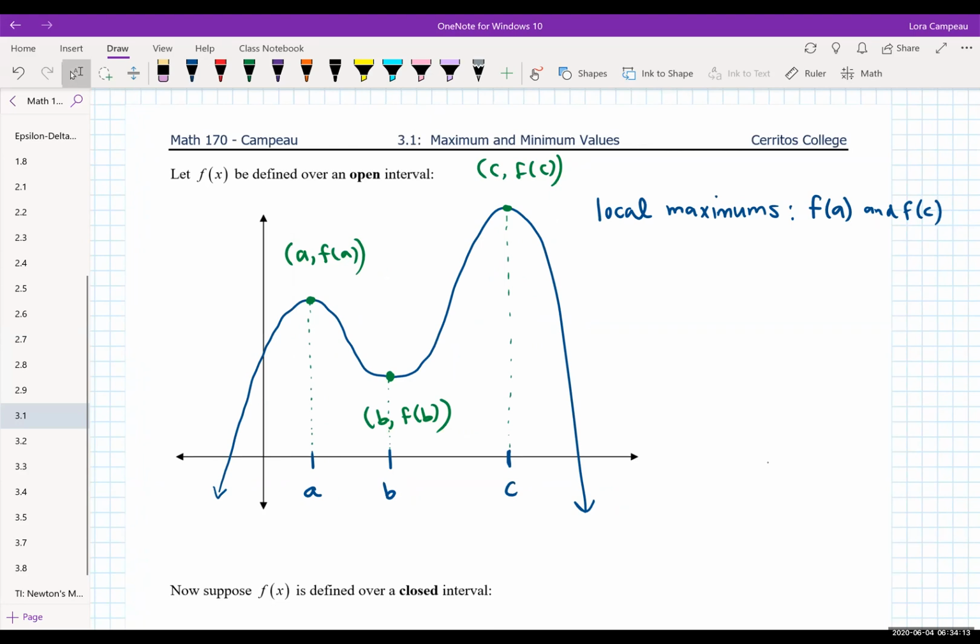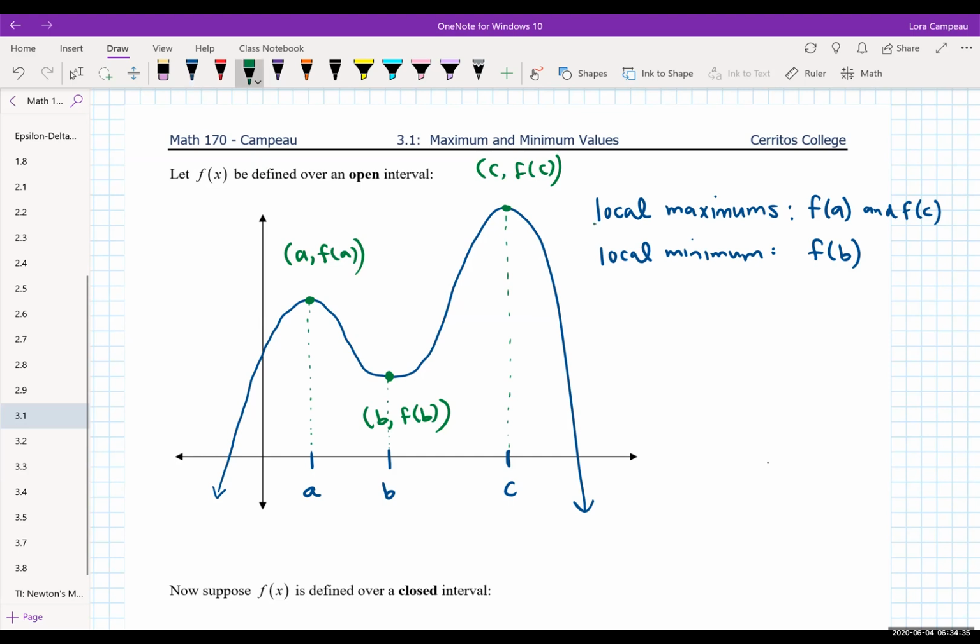Can also do the same thing with our local min. And that would be f of b, the y value where x equals b. Now, maybe you haven't heard the word local before. Why are they using that to describe this?